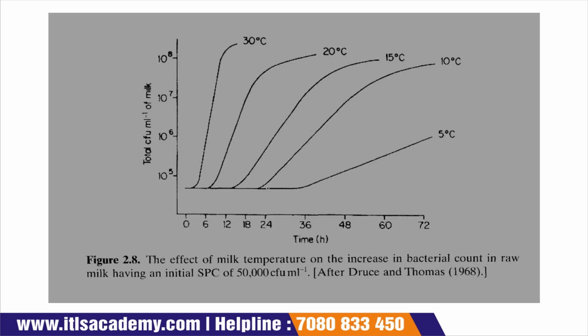Now this is a graph between total CFU per ml of milk and the time in hours. Okay, so the effect of milk temperature on the increase in bacterial count in raw milk having an initial SPC of 50,000 CFU per ml.